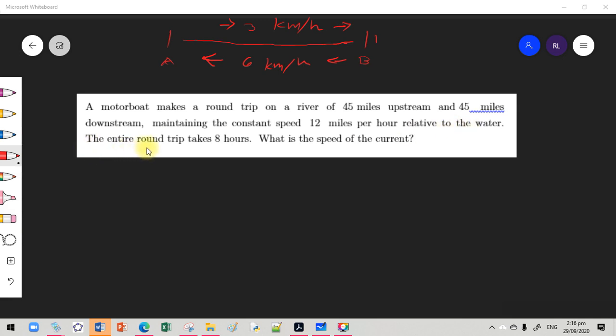The entire round trip takes 8 hours. This tells us that we can express our equation in terms of time.